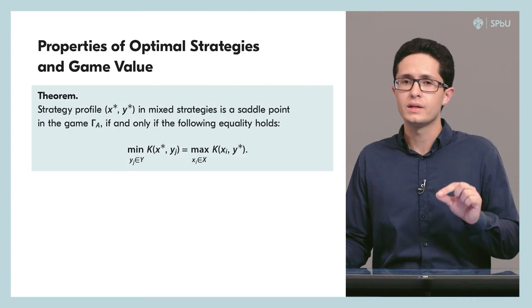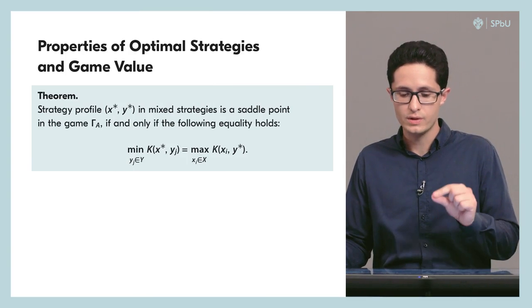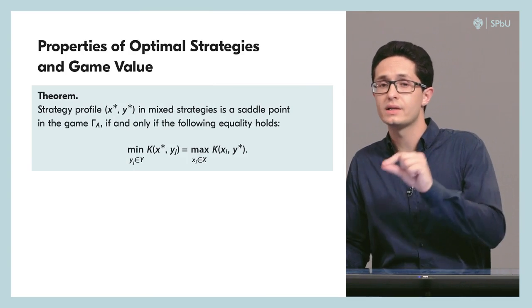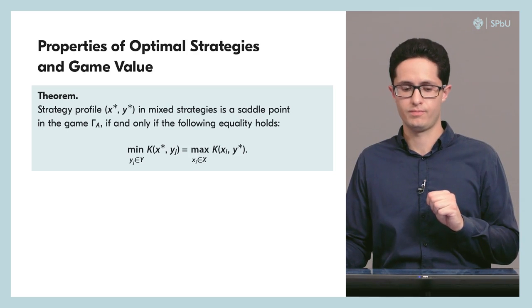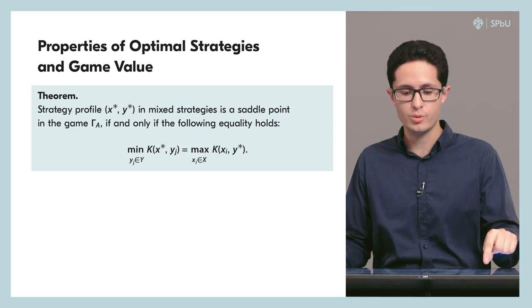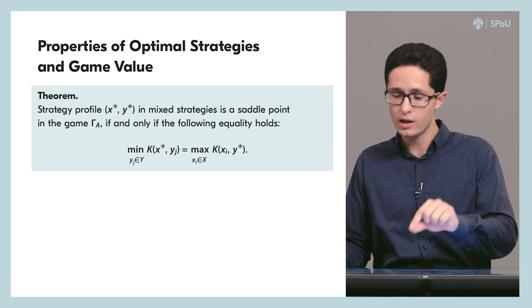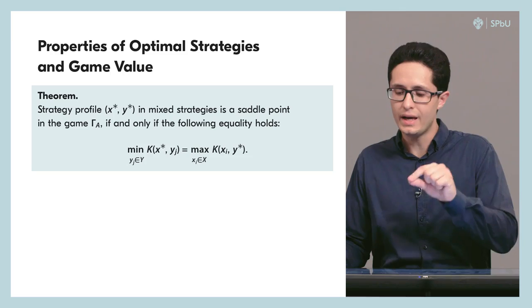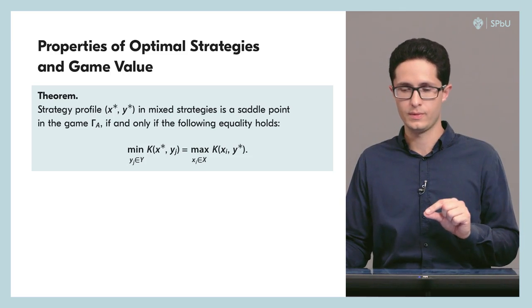On this slide, you can see a theorem which can be used in order to define a saddle point for a simple matrix game. It says that a strategy profile x star, y star in mixed strategies is a saddle point in the matrix game if and only if the following equality holds.